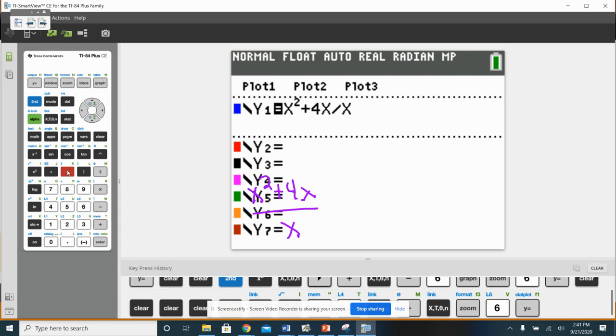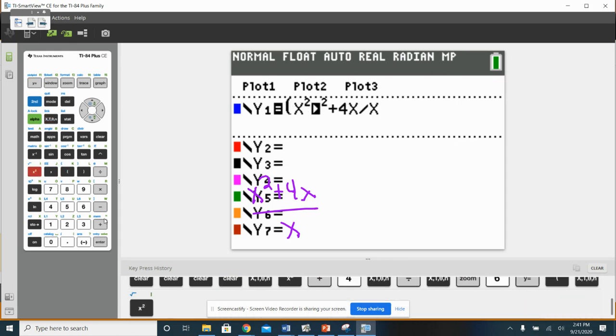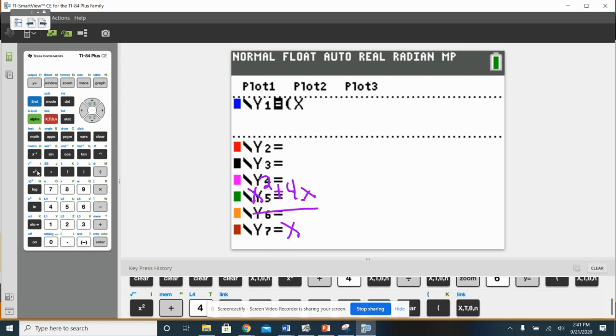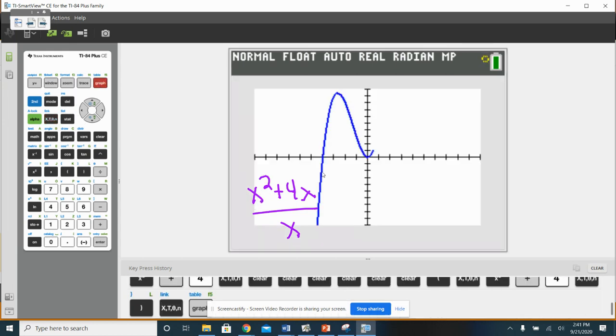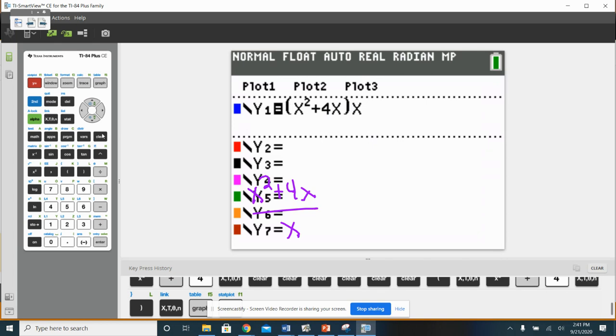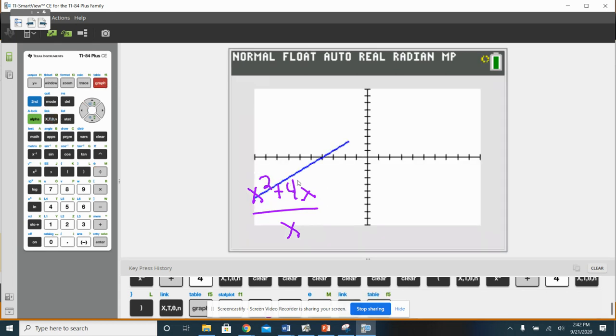I need parentheses. X squared plus 4x divided by x. I should get a line. What is happening? There we go.